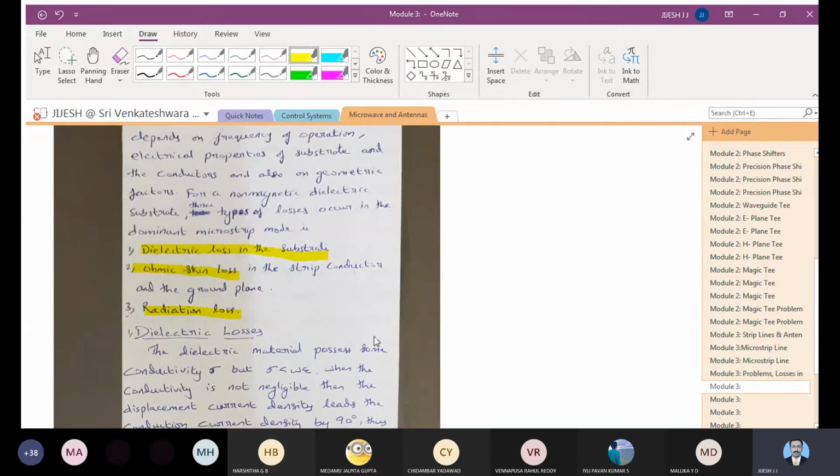You can calculate the losses and make sure how much signal is transmitted at the other end. You can just write down these three losses and then we'll discuss all three in detail, and it is almost an 8 to 10 marks question to explain the losses in microstrip line.